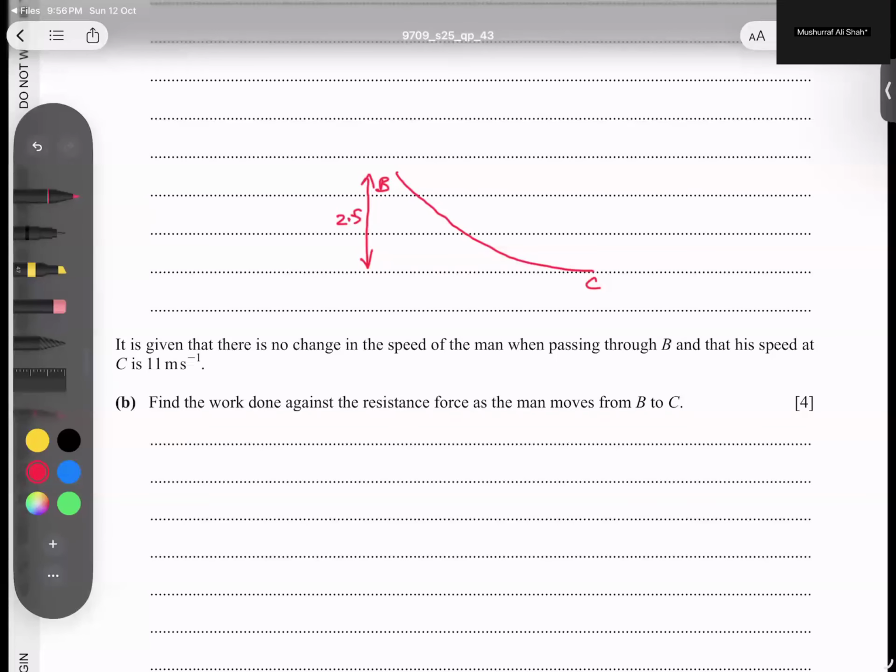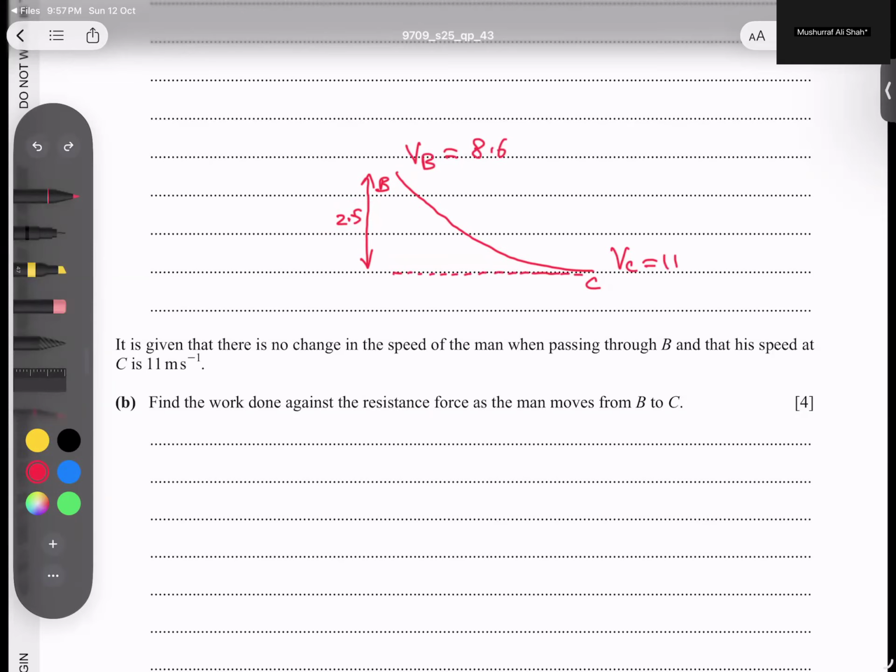It is given there's no change in the speed of the man when passing through B, and its speed at C is 11. So the speed at C is 11, and the speed at B we just got is 8.6. Now it is very clear the height is 2.5. So we can work with the magic formula.